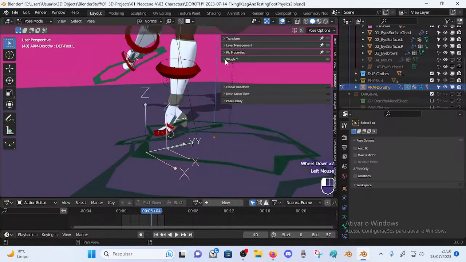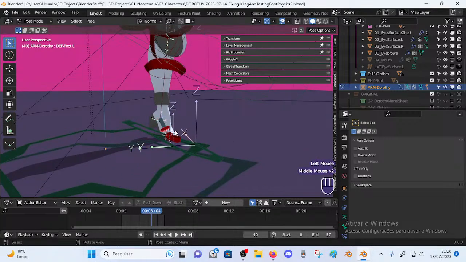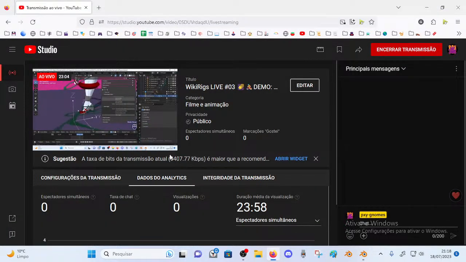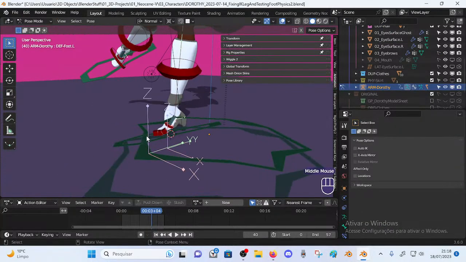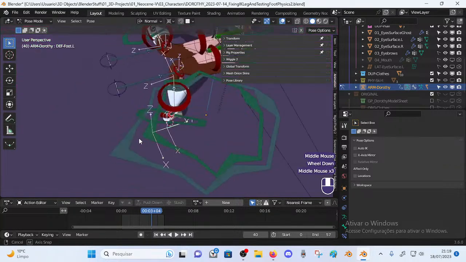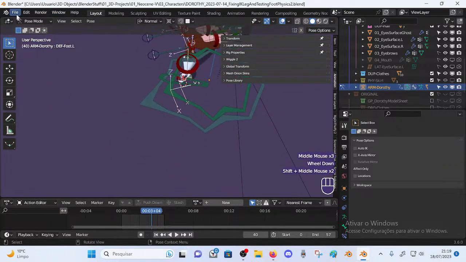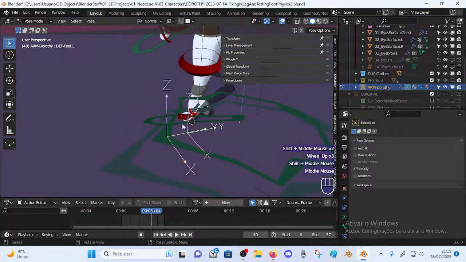So that's the first topic for the tutorial, which was this idea of the alternative foot rig. And that was going in a good direction.